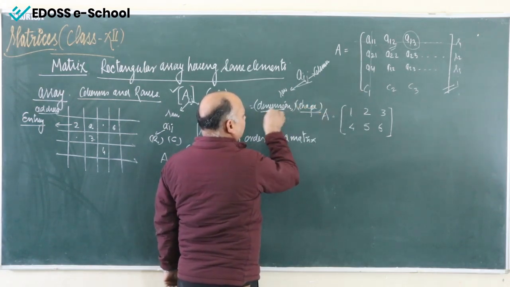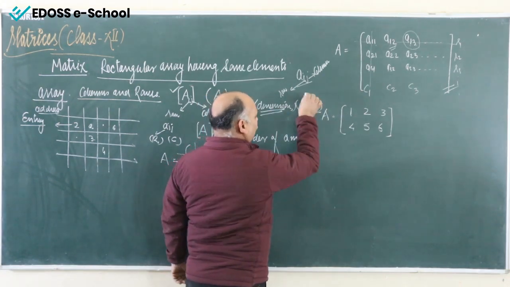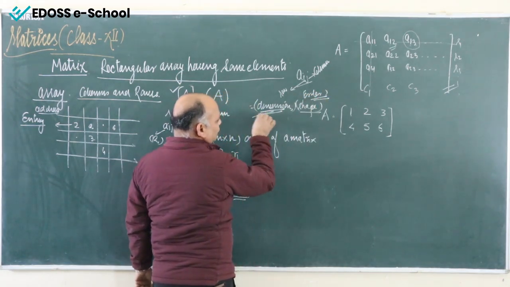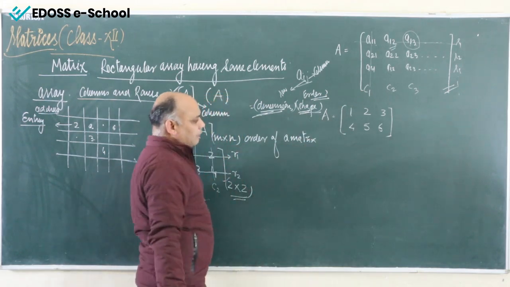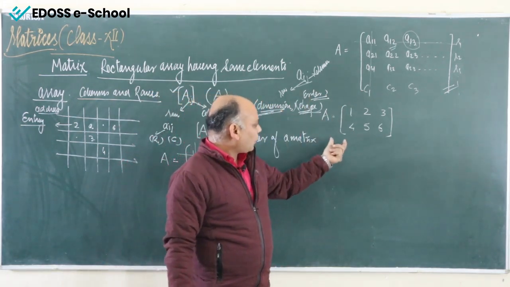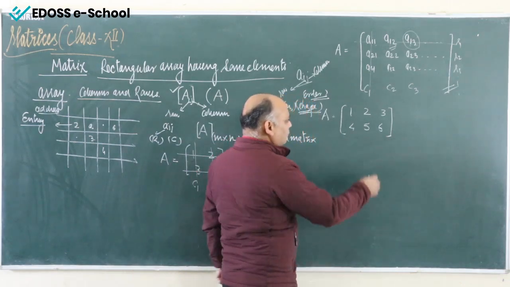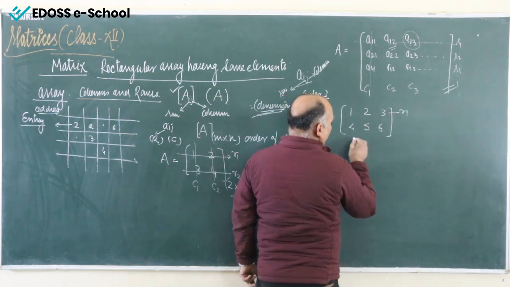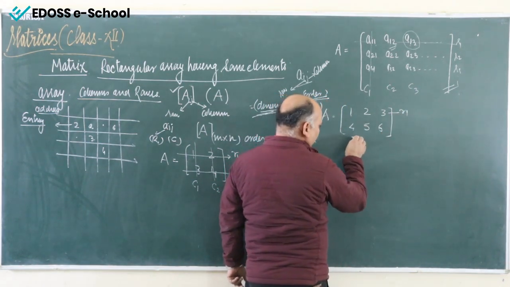Shape, dimension and order are the same thing. If I want to find the dimension, order or shape of this given matrix, then this will be R1.